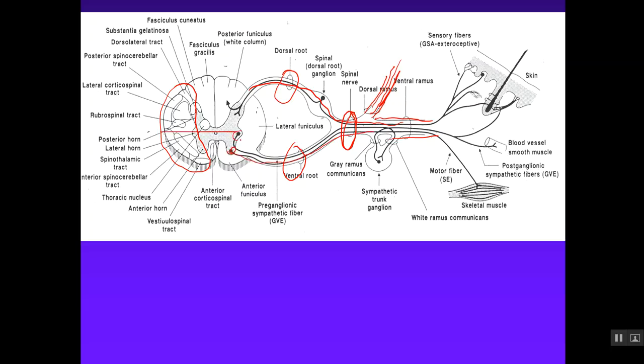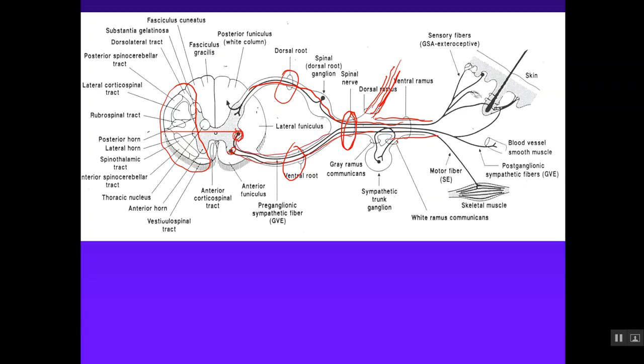And there's also in the thoracic spine, in the upper lumbar, the autonomic or sympathetic fibers exiting as well. So that's here in that little lateral horn. It's also known as the intermediolateral cell column, but it's easier to say lateral horn than that. So that's going to exit out.